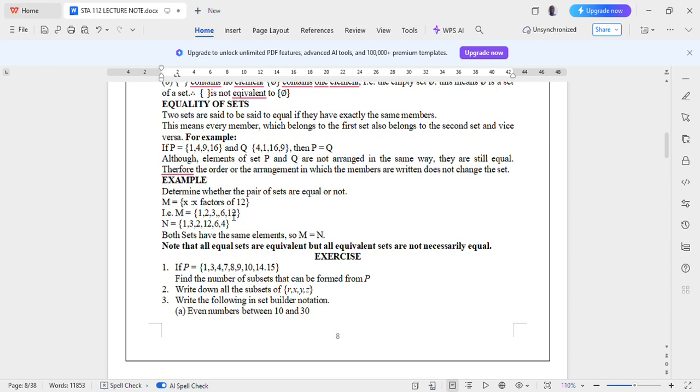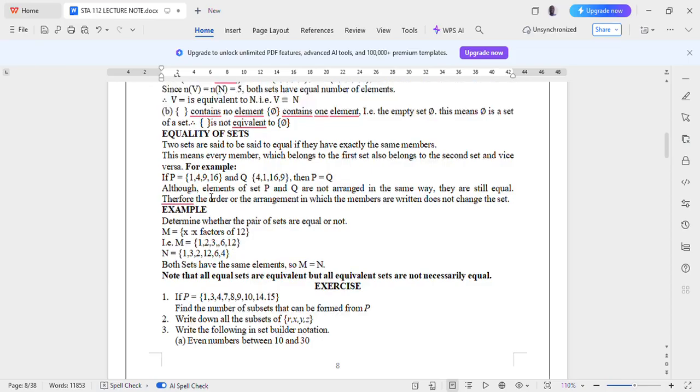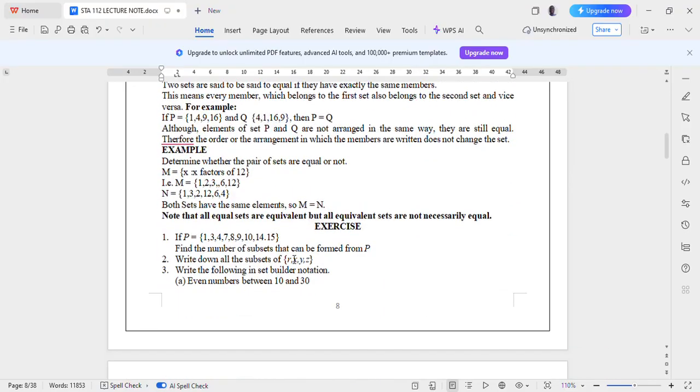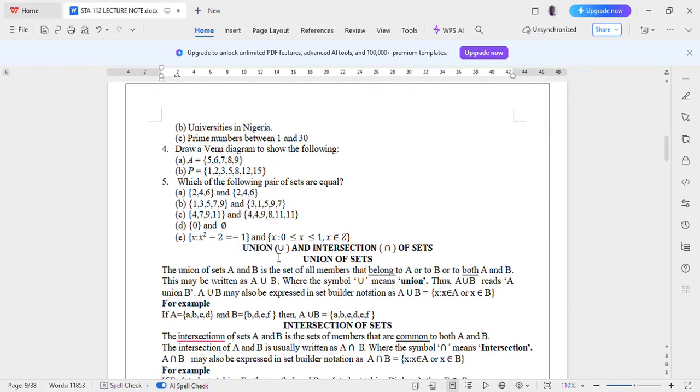Yes, all equal sets are equivalent because they have the same number of elements, but not all equivalent sets are necessarily equal. Look at the example above. They are not equal because look at this: mango, guava, apple, and A, B, C. They are not the same. Cardinality may be the same, but they do not look alike.